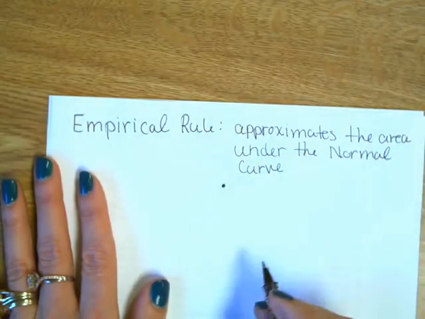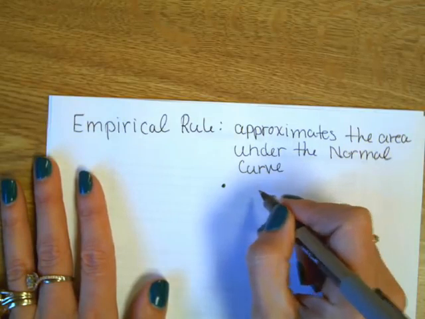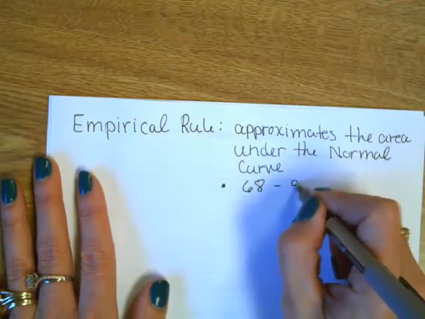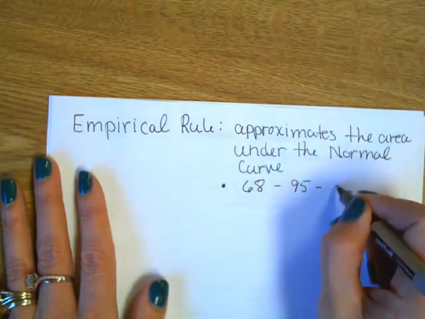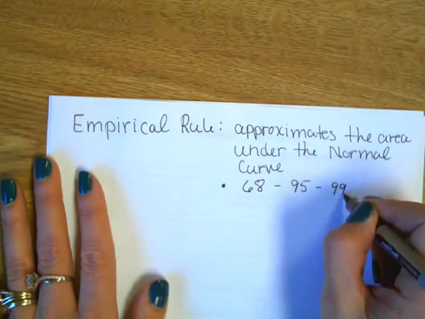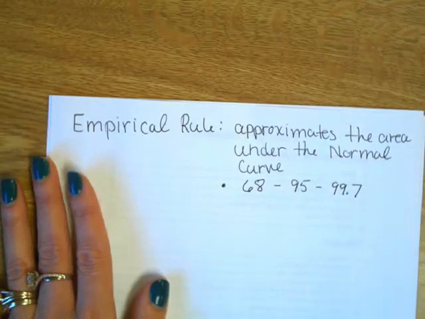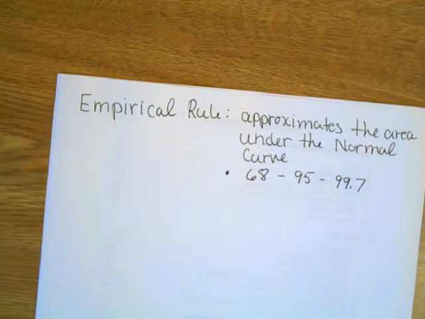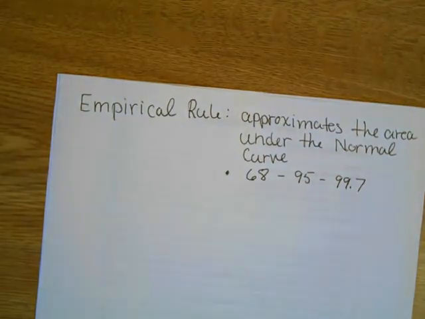And the three values that go with the empirical rule are 68, 95, and 99.7. Wait, what? I'll tell you. These three numbers are going to help us get the area under the curve, and it's all going to make sense here in a minute.